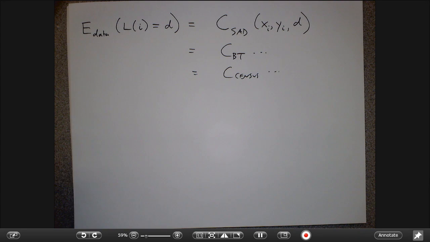All this is saying is that this is a function that depends on the colors or intensities in image 1 and image 2. How good is the match locally between this block of pixels in image 1 and this set of pixels in image 2?